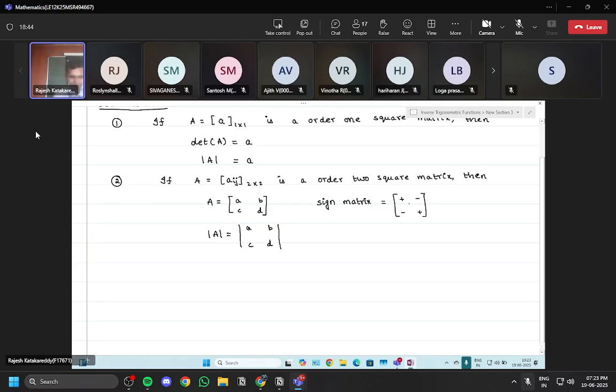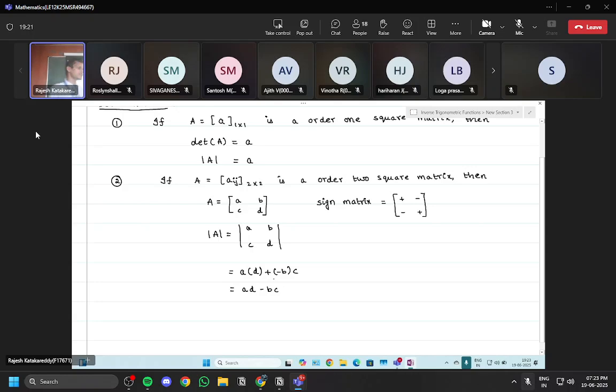You write here determinant of A is equals to A into D, right? And then next B I should take, right? So if I take B, sign for B is minus here. So you should write minus B into, delete row 1 and column 2, the remaining element determinant you should calculate. Since it is only one element, we'll write the element itself. Clear? So this is AD minus BC, the determinant.